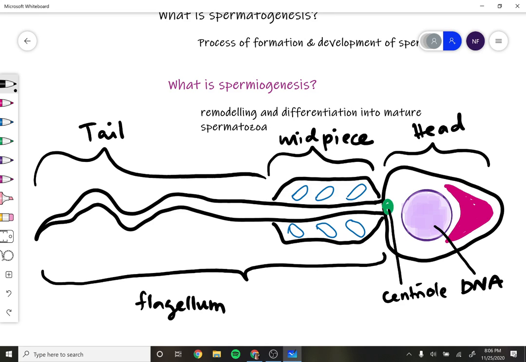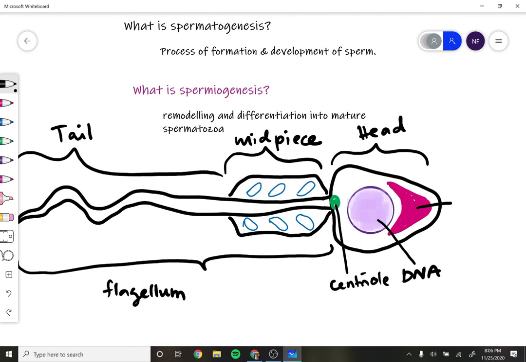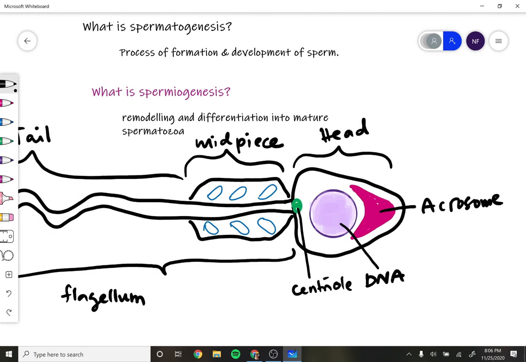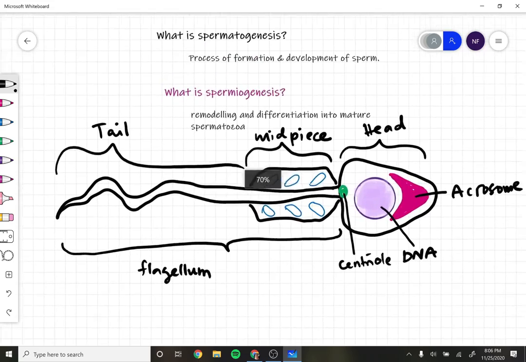The head of the sperm contains two main features. First, the DNA, and then the acrosome. The acrosome contains hydrolytic enzymes that are important for the sperm to be able to fertilize the egg.